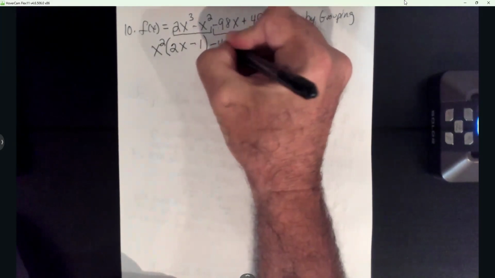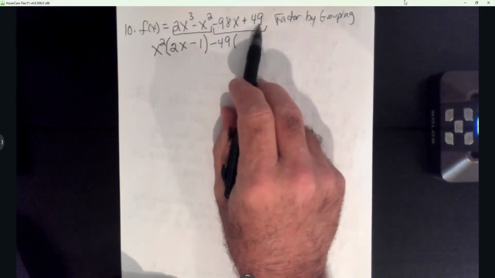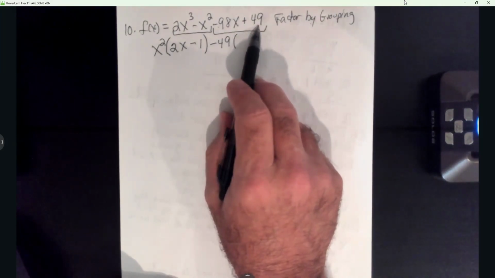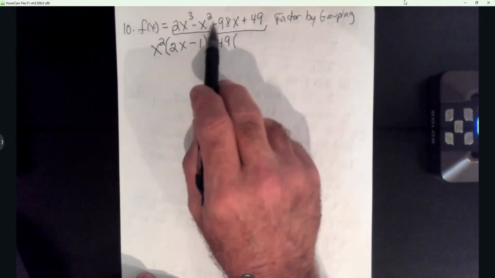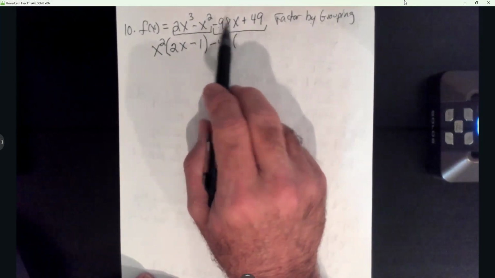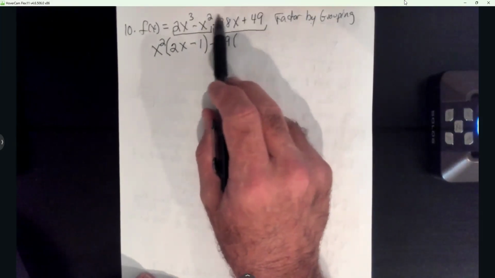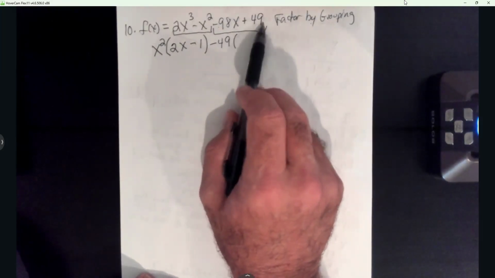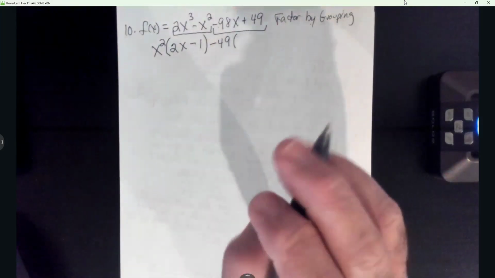So 49 is actually going to be the greatest common factor on that, Jesslyn. So whatever y'all's last number is, that's your GCF, okay? Because 49 times 1 is 49. 49 times 2 gives you 98. So if your smaller number is a factor of the larger number, then the smaller number is automatically your greatest common factor.